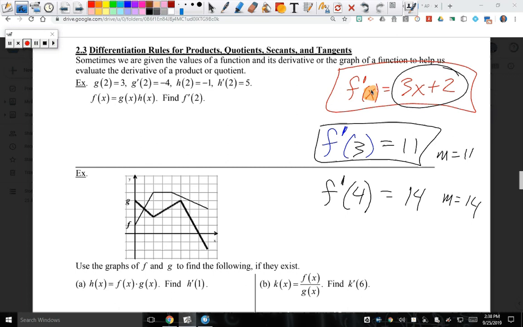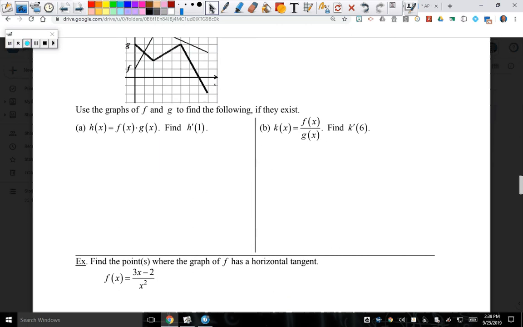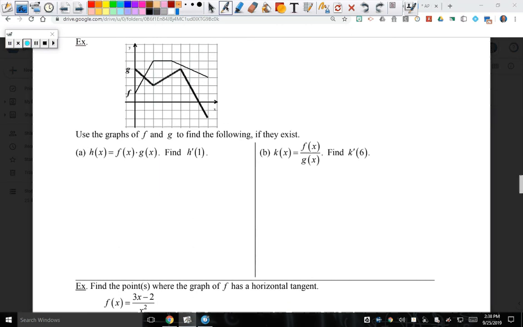Okay? Alright, so now we did this algebraically. Let's do the same, only we're going to do it graphically. So the first one I'm trying to look for is h prime at 1. So what is the derivative of h at 1? Well, I don't have an h function.